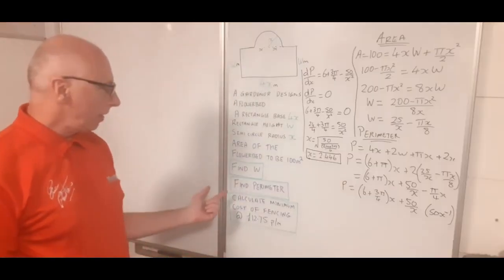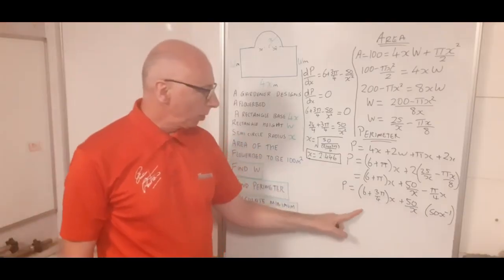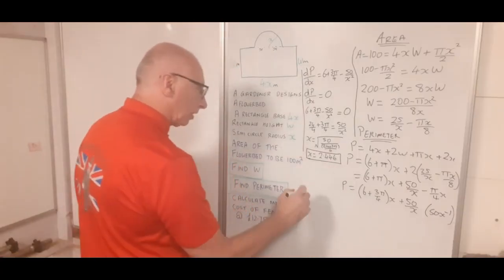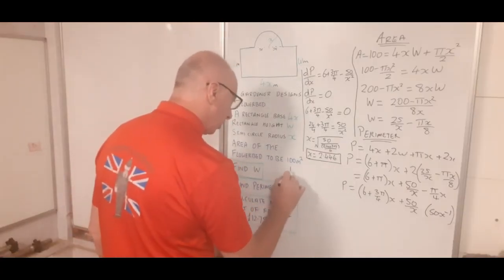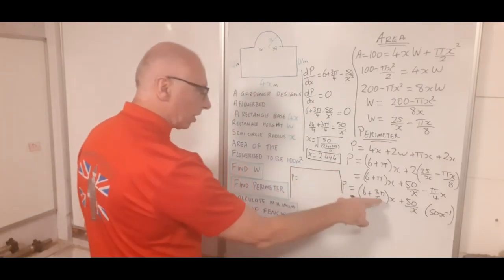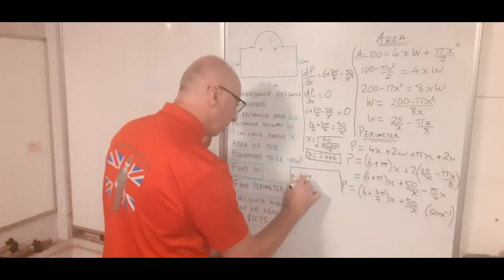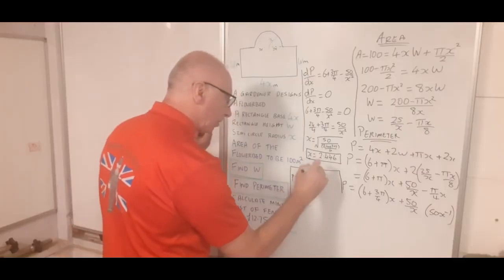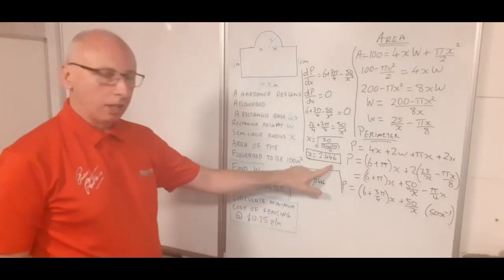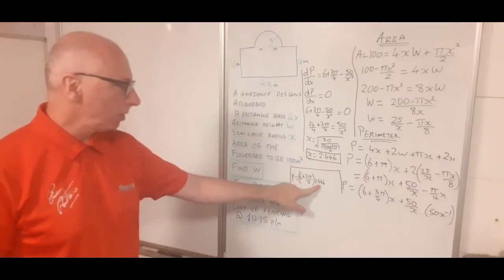Okay. So now that I've got that, I can work out what my perimeter is by simply putting x into that. So let's put my perimeter calculation here. My perimeter equals 6 plus 3 pi over 4 times this 2.446. Now keep your calculator value stored in there, so when you plug that in, you don't get a rounding error.